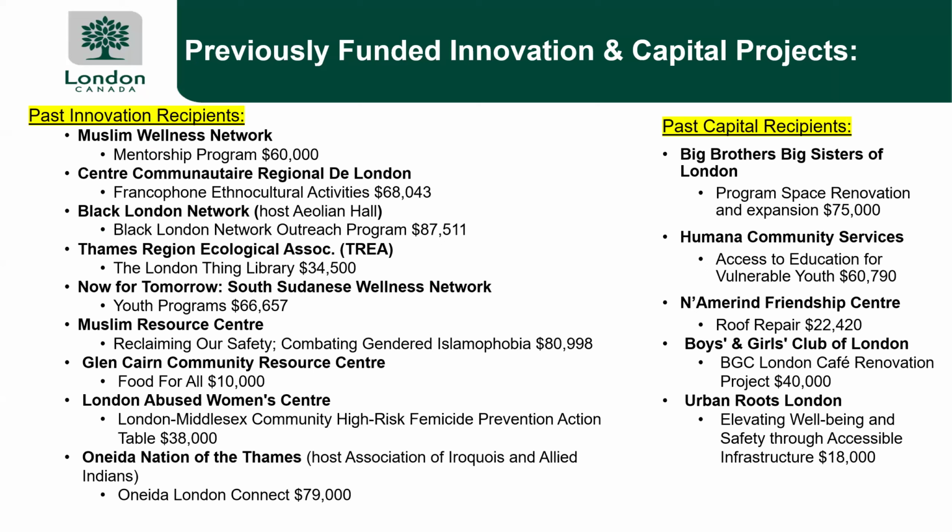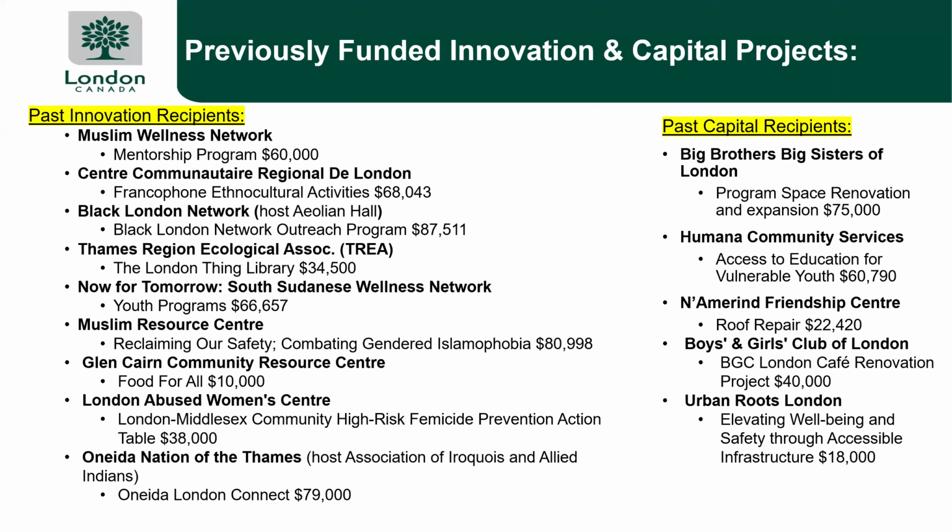Innovation and capital, same thing. We didn't have the $50,000 cap previously. So historically, yes, we have funded some organizations over that $50,000, for example. And like we said, innovation and capital are one pot of money, and there's no defining factor that says we have to spend half of it on innovation and half of it on capital.